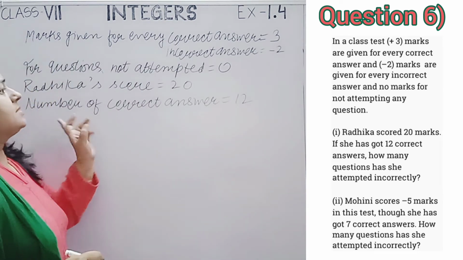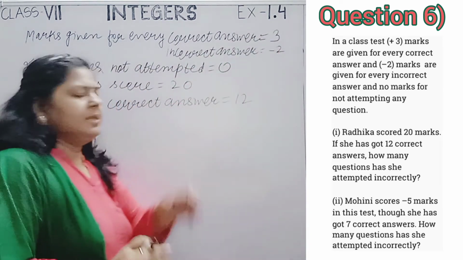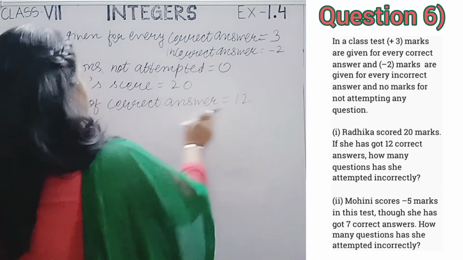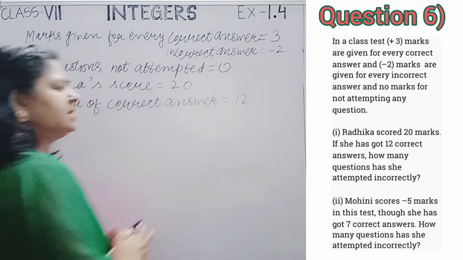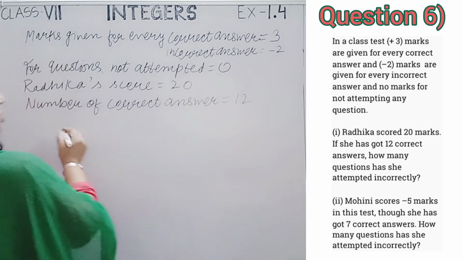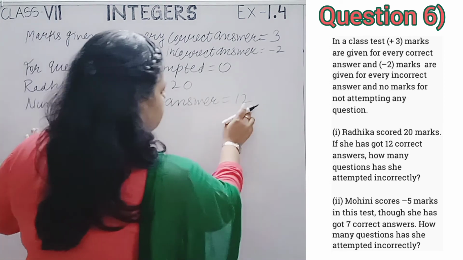And she gets 3 marks for every correct answer. It means she gets 12 multiplied by 3, which is 36 marks. So the number of correct answers is 12.